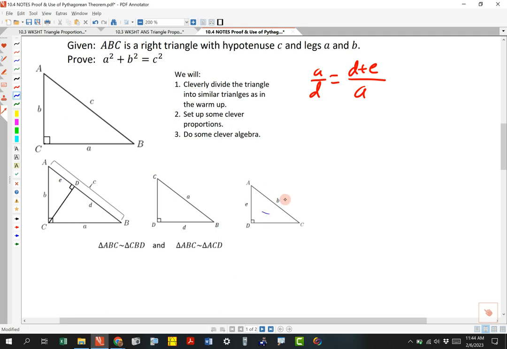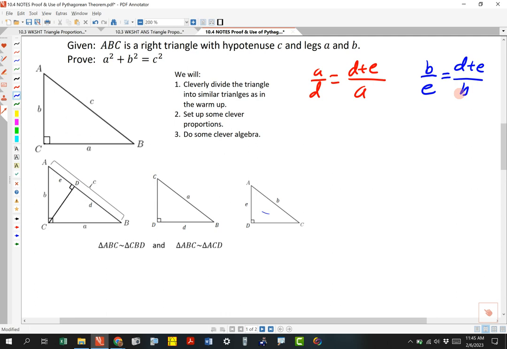The only thing I know about this one right here is I've got B over E, and what would that correspond to over on this one? Well, that would be the hypotenuse. So this is going to be D plus E over B.